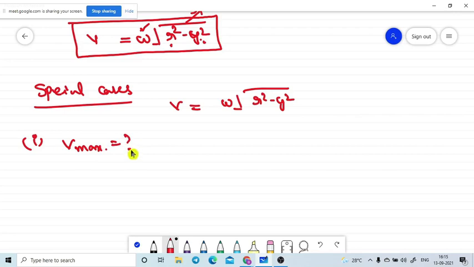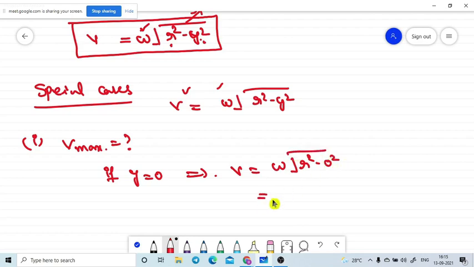For V to be maximum, we need to remove this part, so y should be 0. If y is equal to 0, then V is equal to omega into square root of R square minus 0 square, which is R omega. This is the V maximum value.